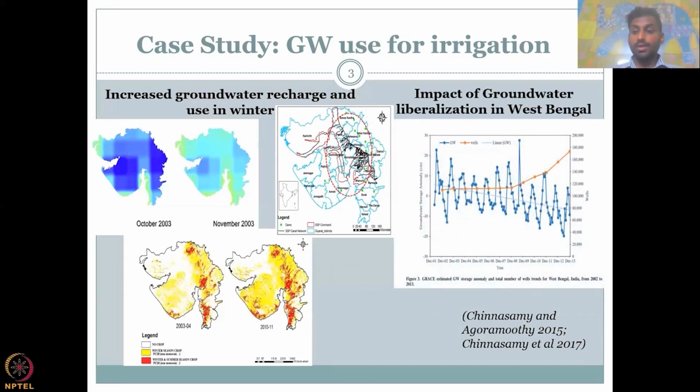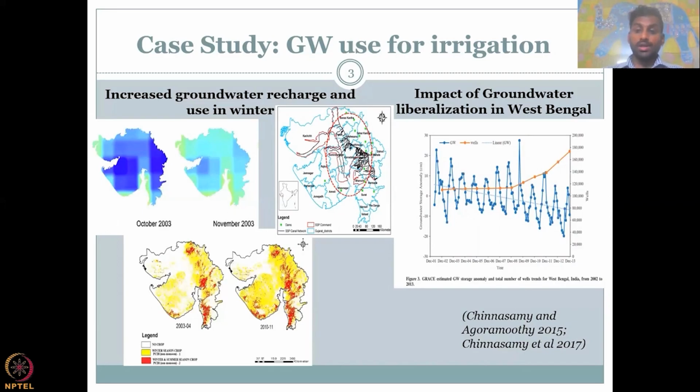Also, another study from the same authors looked at how the introduction of groundwater wells in West Bengal, or liberalization, led to a sudden decrease in the net groundwater. So the study first started on the hypothesis by many authors and studies that the Ganges Basin is tremendous in nature, it's huge, so there won't be any issues in extracting the groundwater because it will be recharging annually.